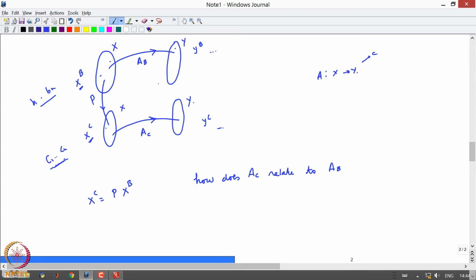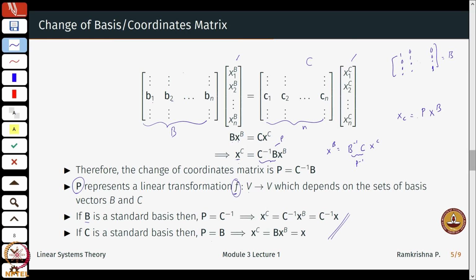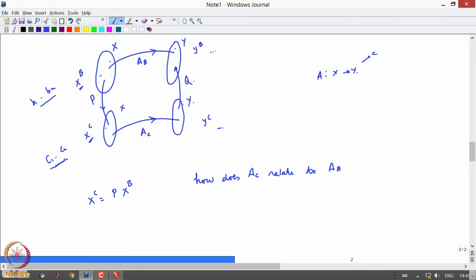Okay, now I know this, I can also define a transformation which goes from yb to yc via some matrix Q. I can even define it this way, because if I can write xc in terms of xb, I can also write xb in terms of xc. I can just go from here till here. Now, look at this carefully.